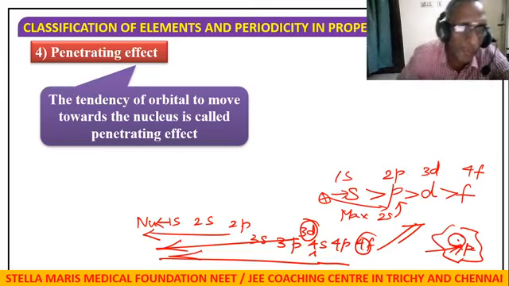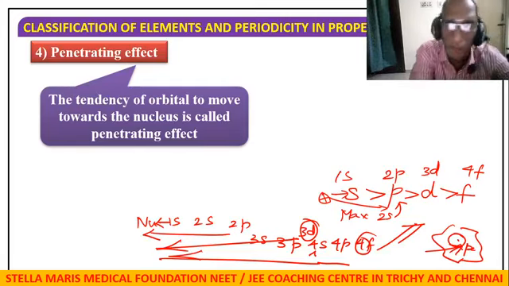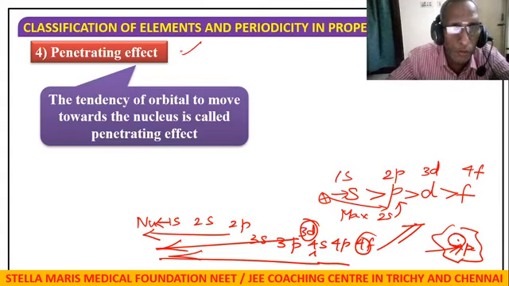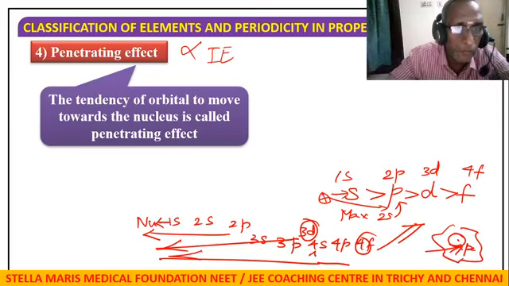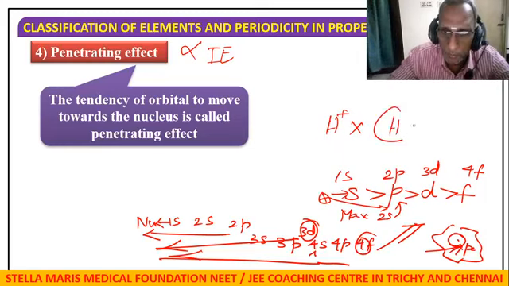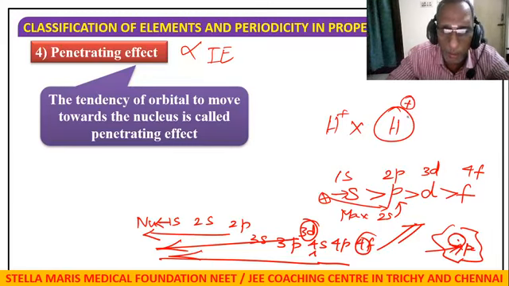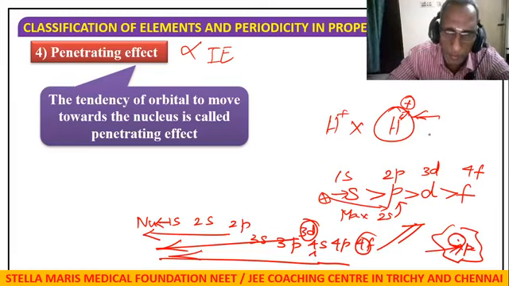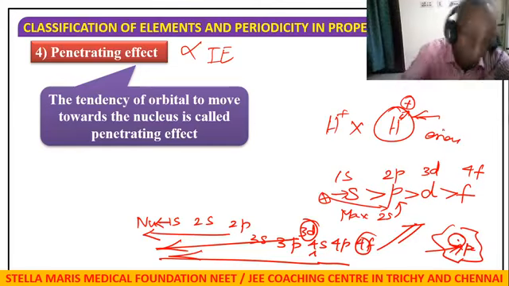What is the role of penetrating effect? Penetrating effect is directly proportional to ionization energy. Higher the penetrating effect, the electron cannot be easily removed. For example, H plus will not be easily formed. Hydrogen has only 1 electron, and it is nearest to the nucleus. To remove it you have to supply energy, which is supplied by dissolution or by heating; that is some other method.